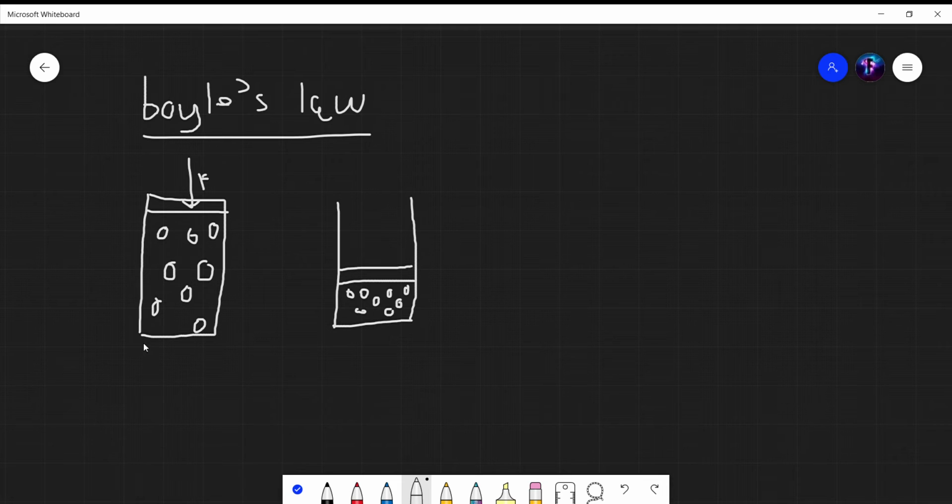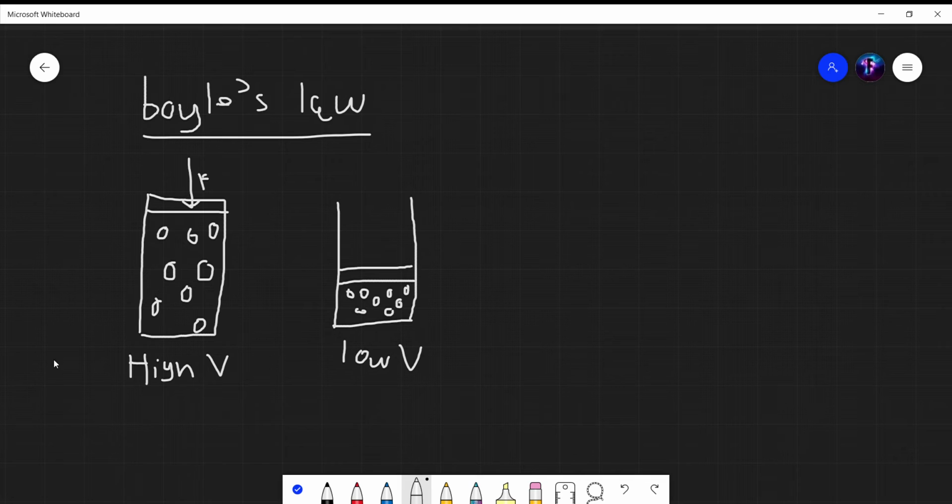This container has more volume, so it has a high V, which V usually stands for volume. It can stand for velocity as well, but in this case it's for volume. And this one, as you can see, has a low volume.